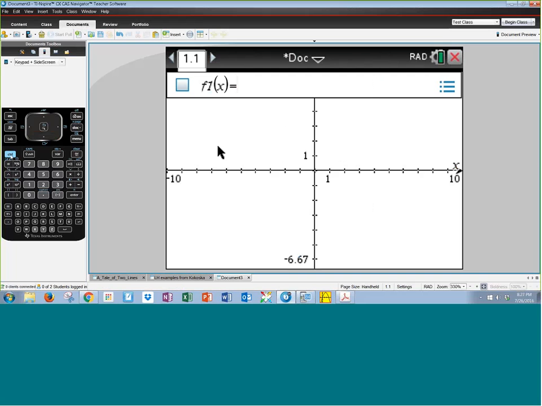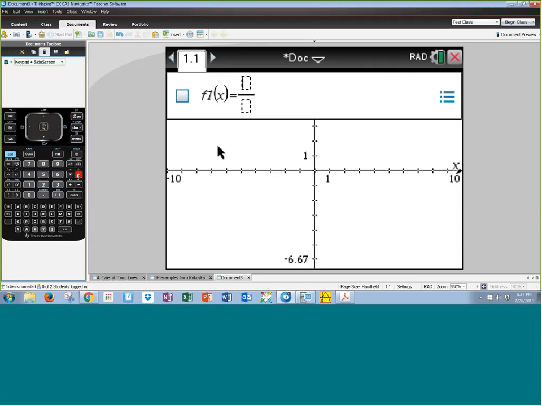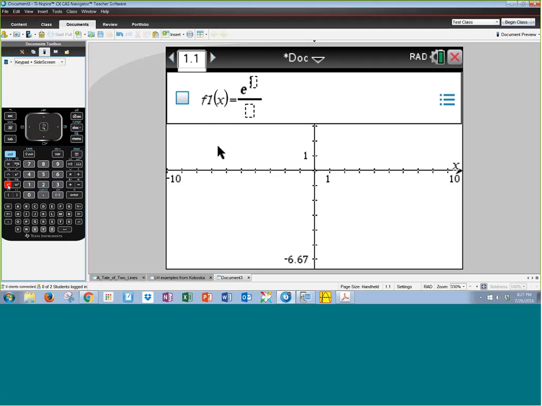When my students are using the Nspire, I encourage them to use the template, either through Control Divide or the template button that I'm pointing to right here, so that they have a nice fraction and don't get confused about their numerator and denominator. So in the numerator, we want e to the x, and in the denominator, we want x squared.